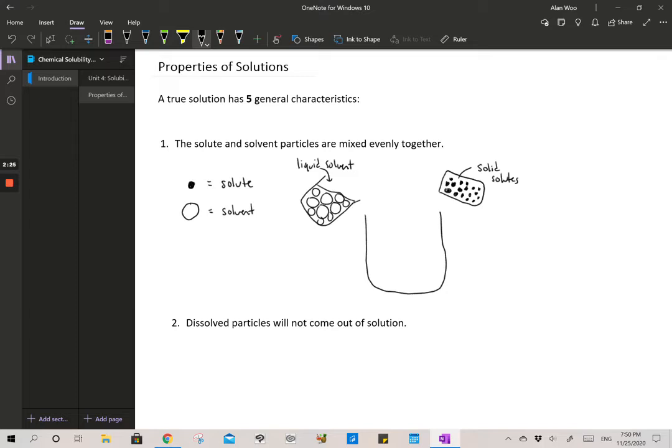Okay, if we were to mix them together to make a solution, you would have an equal or even distribution of both solute and solvents.